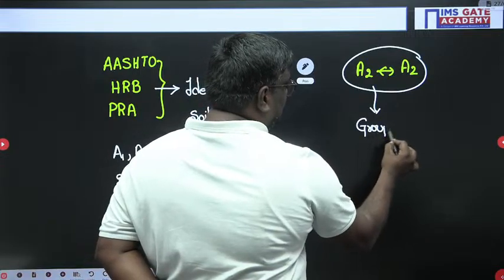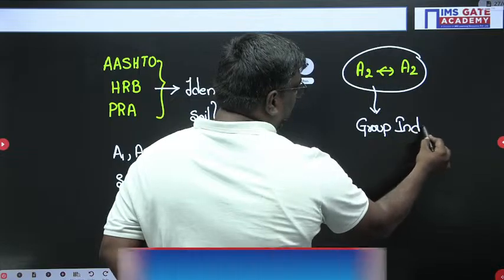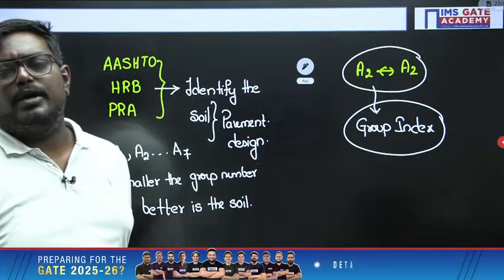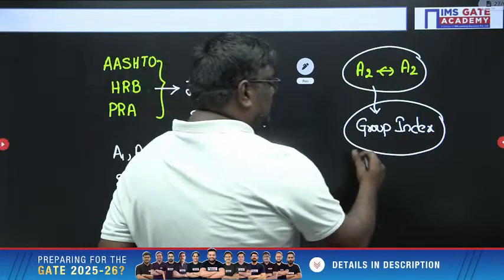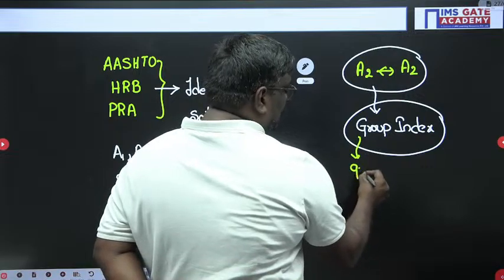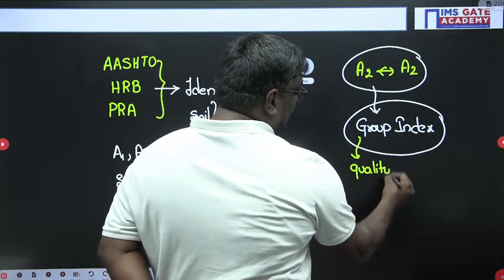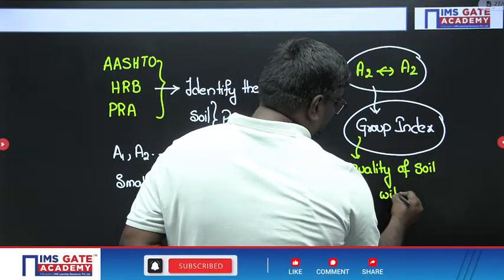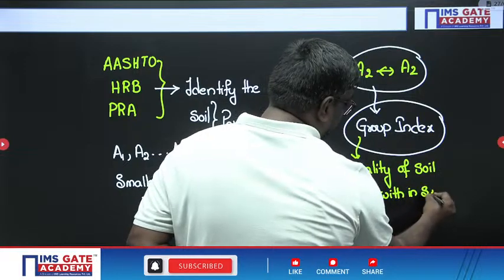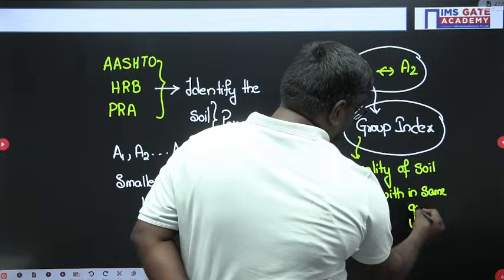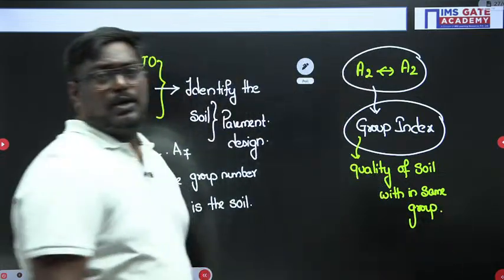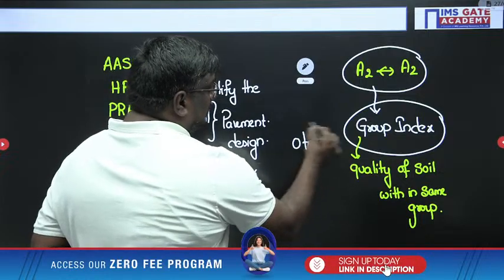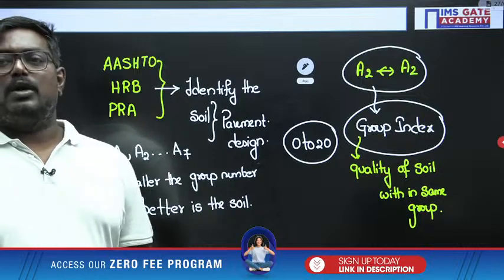Group index is used to indicate the quality of soil within the same group. And here also, group index varies from 0 to 20. Same thing here, smaller the group index, better is the soil for pavement.